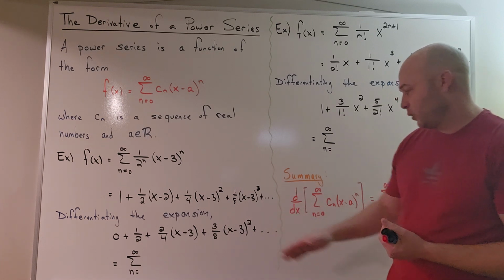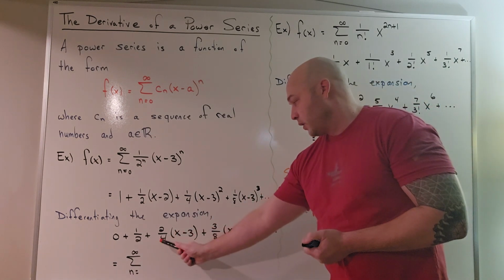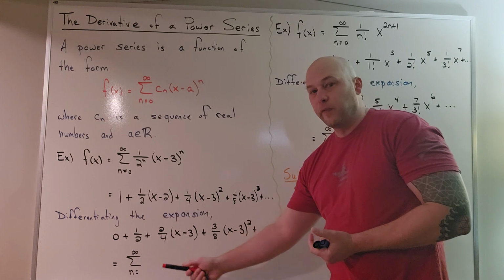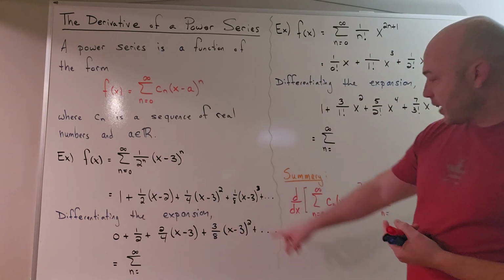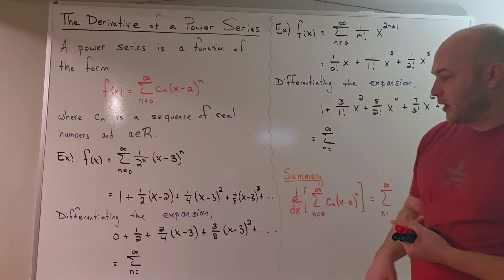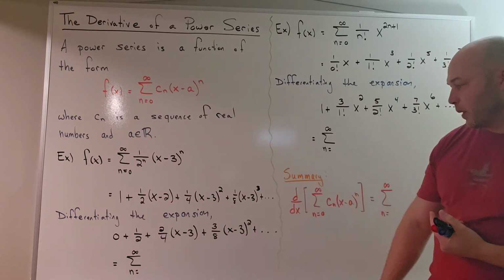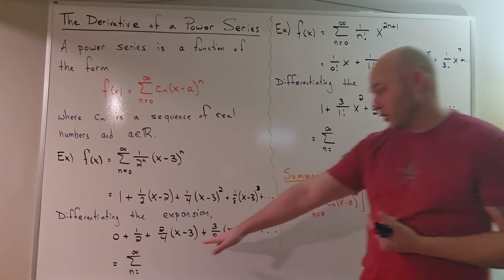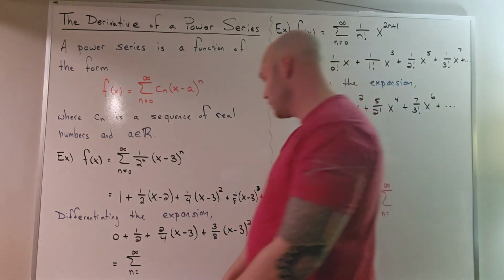Well, I guess that one doesn't reduce, but eventually some of those fractions will reduce. The next one, 3/8 (x minus 3) squared, plus dot, dot, dot. So I want to write out at least the first 3 to 4 terms, probably the fourth term is helpful, to get a pattern of what the derivative looks like.